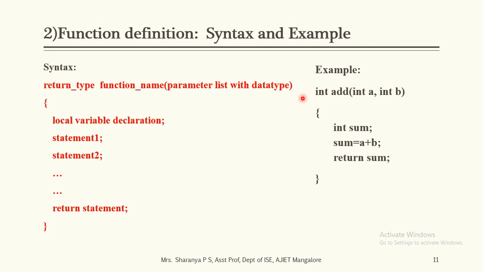That's why we have written int as the data type. Suppose I declare it as float sum, then the return type should be float. The first data type, the return type we write here, should match the return value mentioned inside the function. This is how we can define the function.